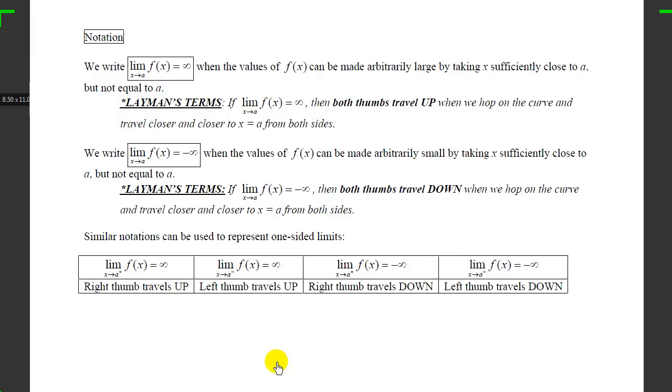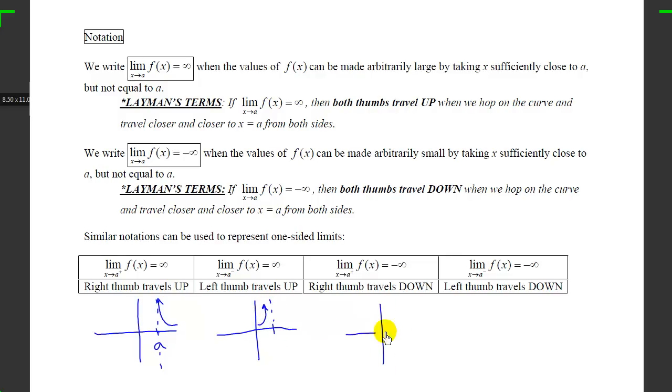This first one says that as we're approaching a from the right-hand side, the y coordinates are getting really big in the positive direction. So that means my graph would be heading up to positive infinity from the right. By contrast, over here, as we're approaching a from the left side, the y coordinates need to be getting bigger.